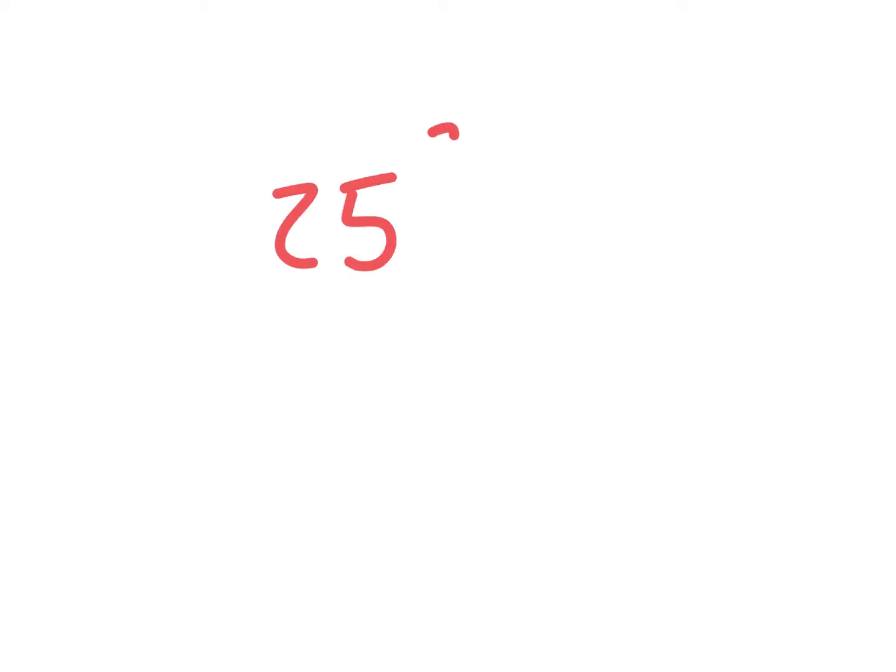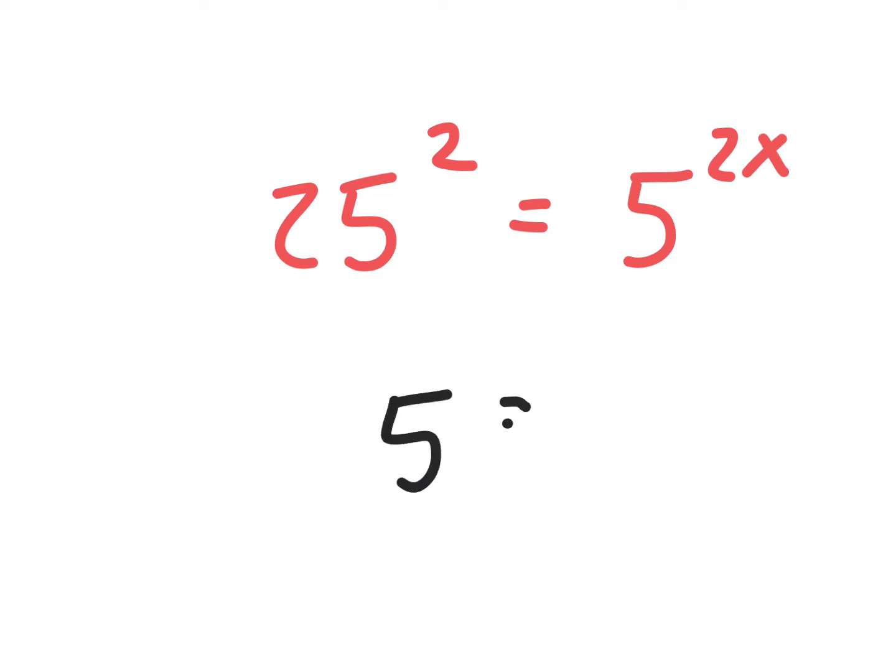25 squared equals 5 to the 2x. Do you remember yesterday when we would have said, I wish they both were a 5? Remember how we wanted the bases to be the same? So how could I make a 25 into a 5?